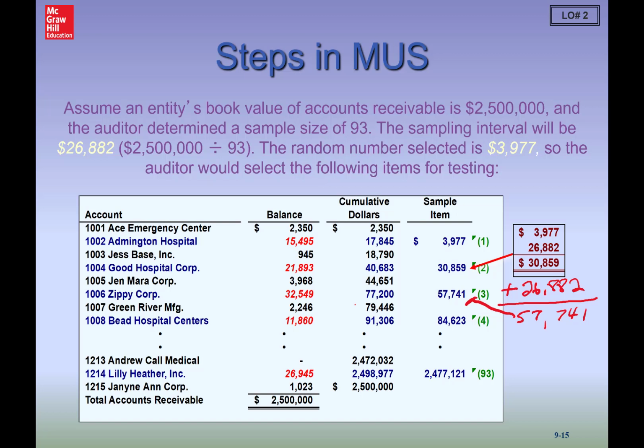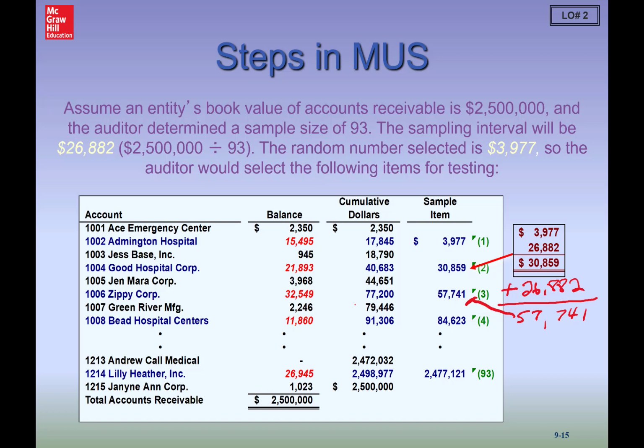So we'll come up with a random number from the random number generator. We'll put in a number between 1 and 500,000, and the random number generator spits back 3,977. Okay? And then we go ahead and start our selection. This first item does not contain our $3,977 because it's only $2,350, right?